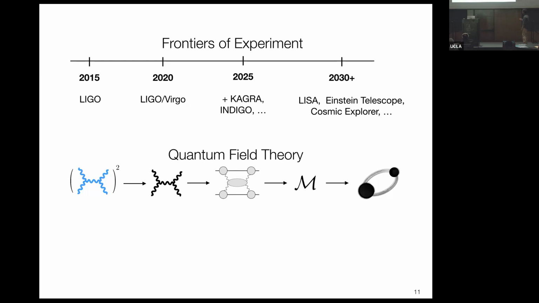So these are the analogs of the amplitude that we looked at computing Newton's corrections. And then finally, we extract the potential that describes these binary black holes by essentially mapping this to a Schrodinger equation. And the potential of that Schrodinger equation is the potential that describes these binary black holes. Okay? And so this is a tremendous opportunity to really use these tools to make an impact on experiment.